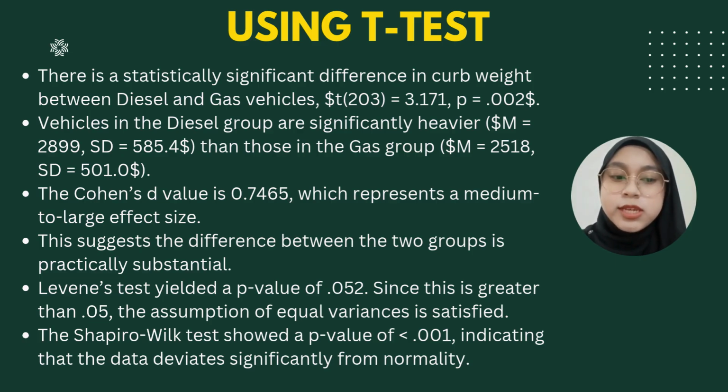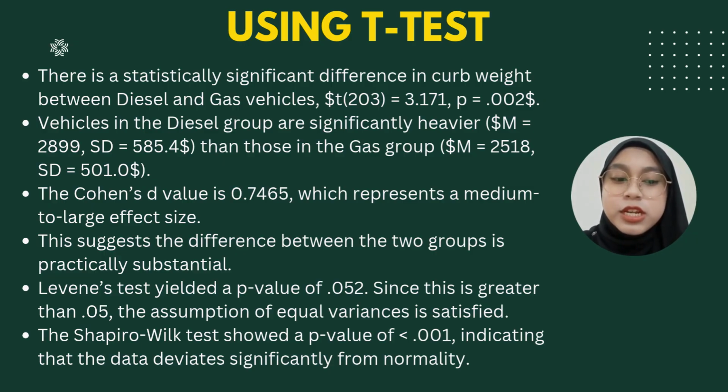The first analysis aimed to compare the curb weight between the diesel and gasoline groups. The test results show a statistically significant difference in curb weight between the two groups, with a t-value of 3.171 and a p-value of 0.02.